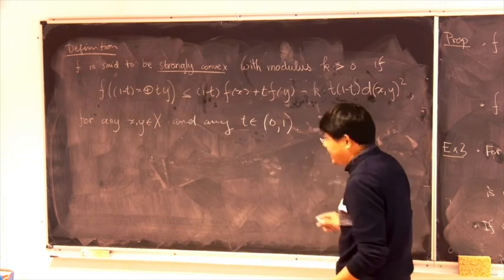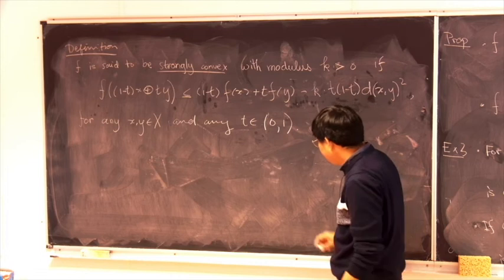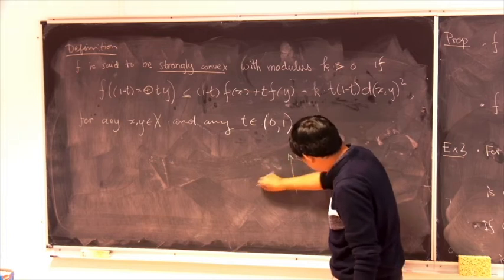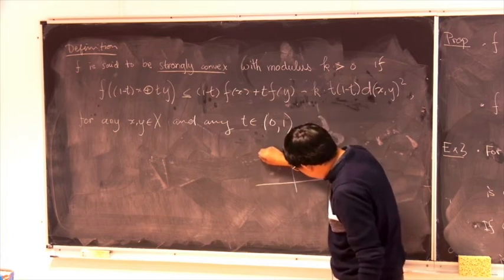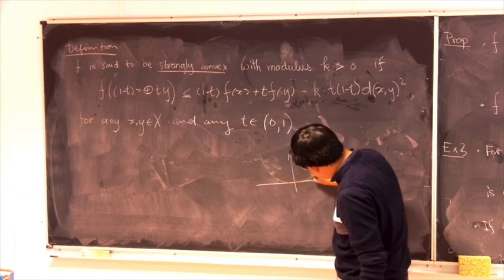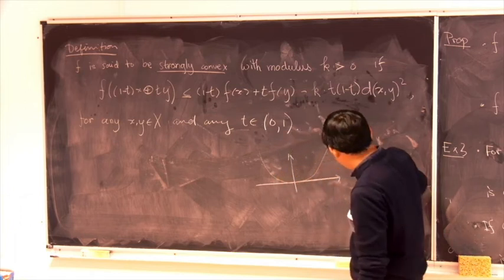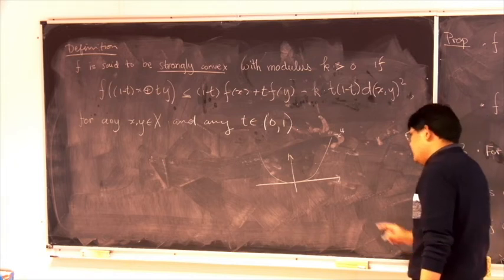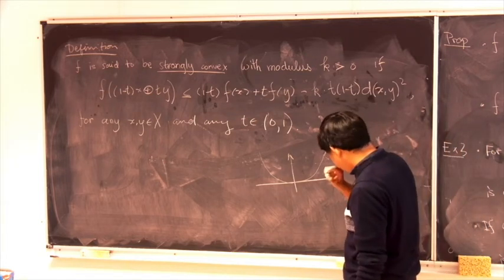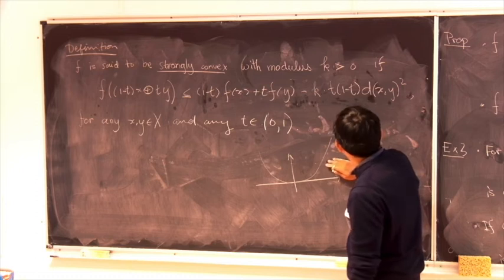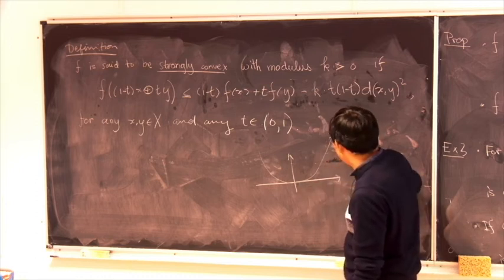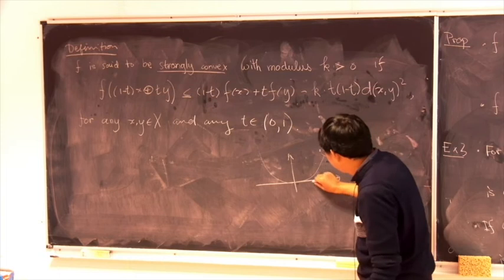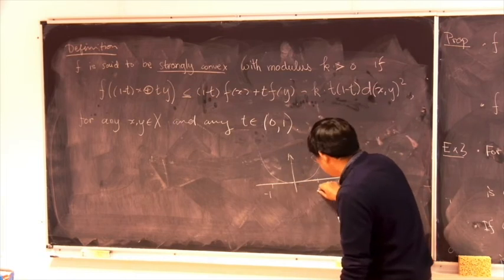Another good example is x to the power of 4. This is just a plain function from R to R, just to give you some idea. So this is x to the power of 4, which looks like a parabola, but it's not. This cannot be a strongly convex function because of the exponent. x to the power of 4 is very, very flat in this region, minus 1 to 1.